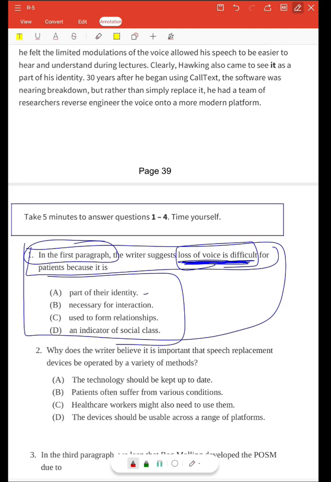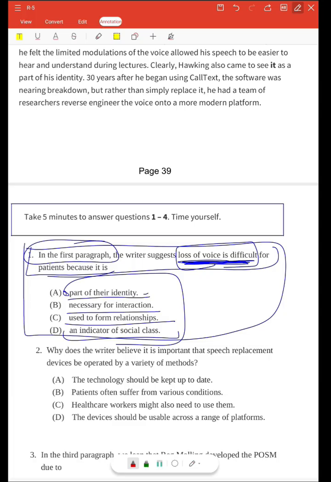The options are: part of identity, necessary for interaction, used to form relationships, and indicator of social class. So the writer is suggesting that the loss of voice is difficult for the patient because it is part of their identity. We need to read the question and answer together so we can understand exactly what it is.